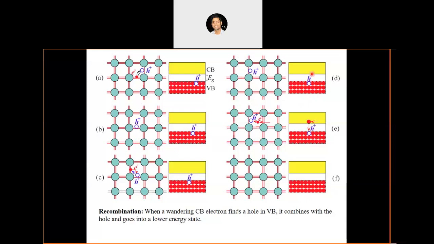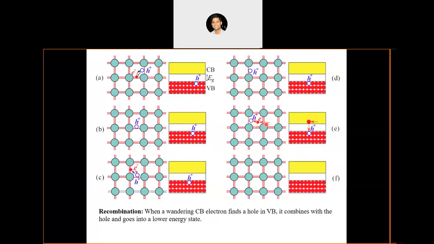In this figure, there is another interesting thing which can also happen. These electrons and holes are moving around freely. Sometimes an electron from the conduction band can meet the hole which is also wandering around in the crystal.